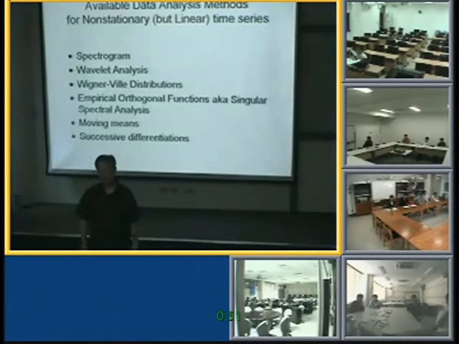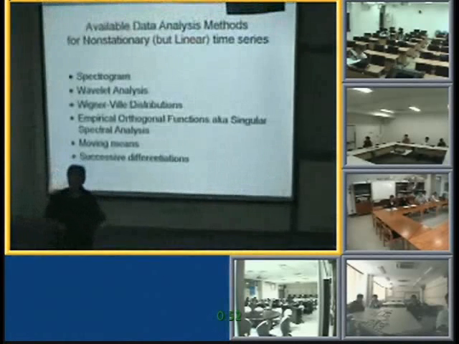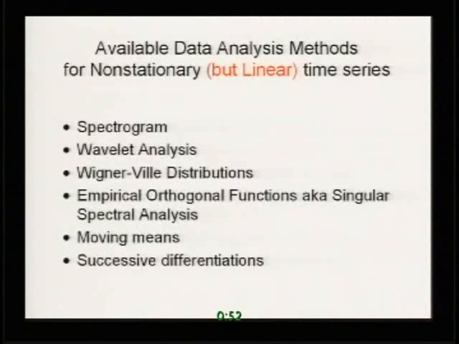So the mathematicians know that there are non-stationary processes, but when they try to analyze a non-stationary process, they have to make assumptions. The assumption is that it is non-stationary but linear.